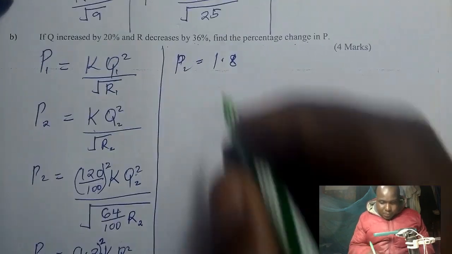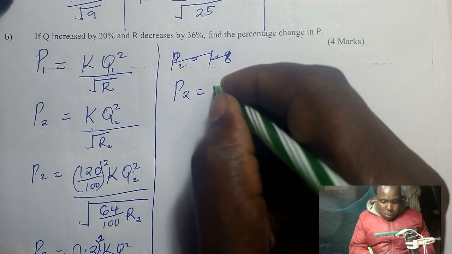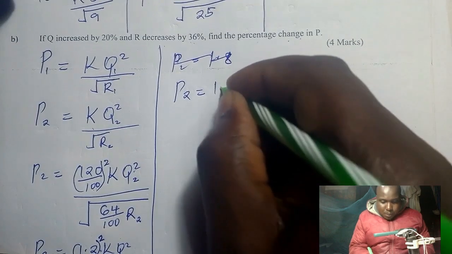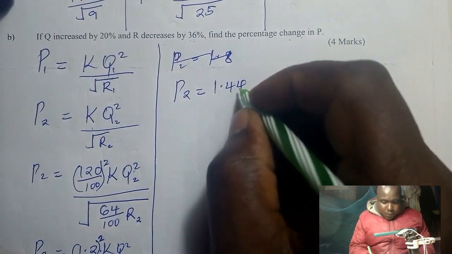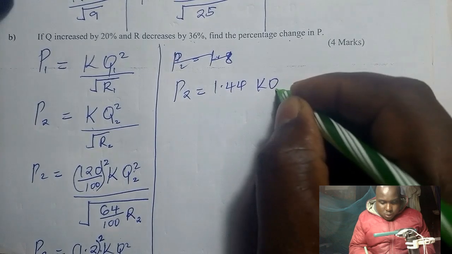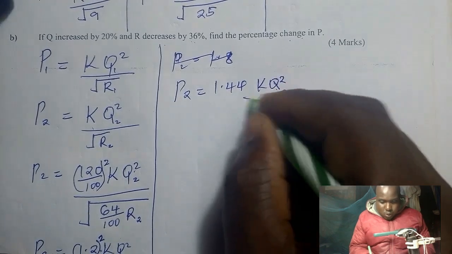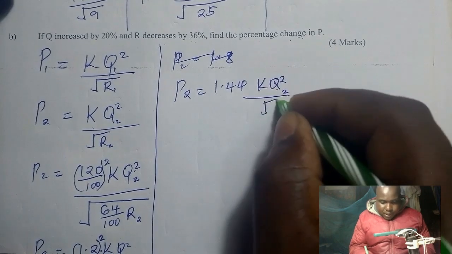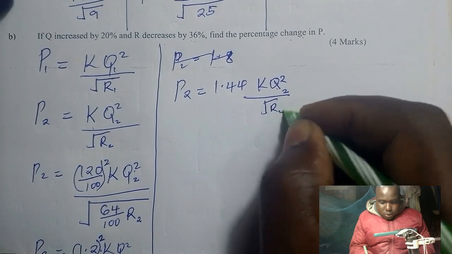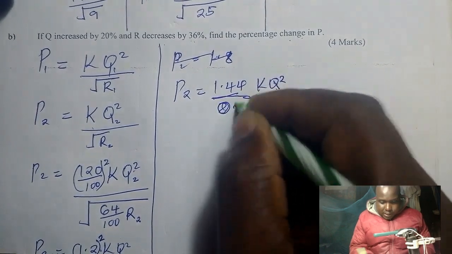So this is one. P2 is equal to 1.44. If you divide by that one, K Q2 squared over root R2 over 0.8.